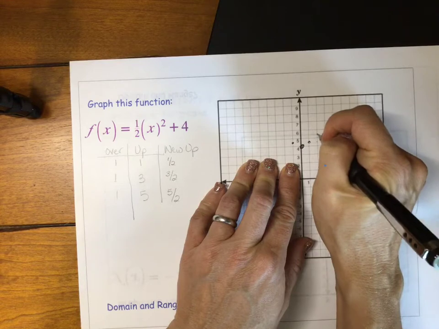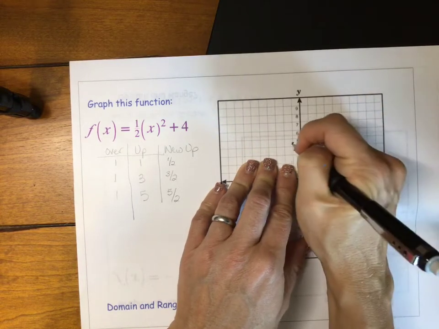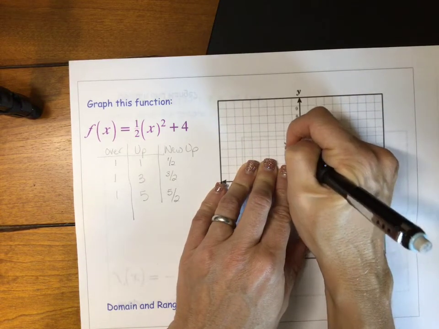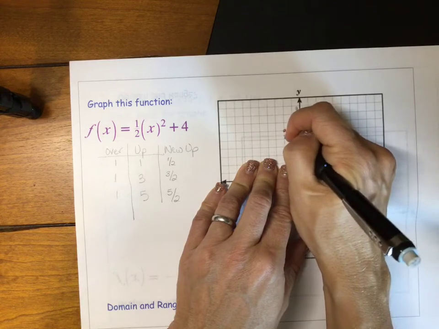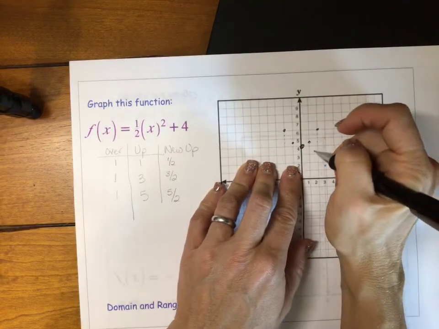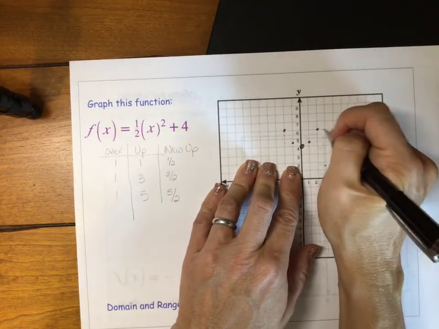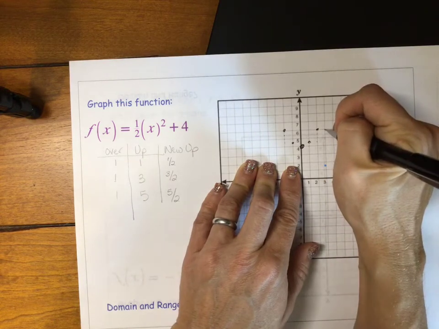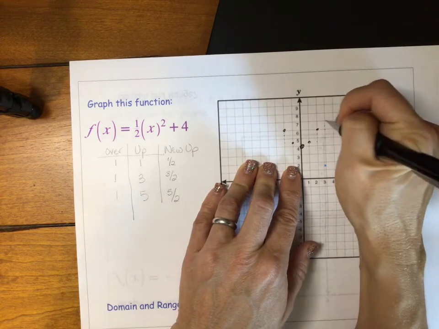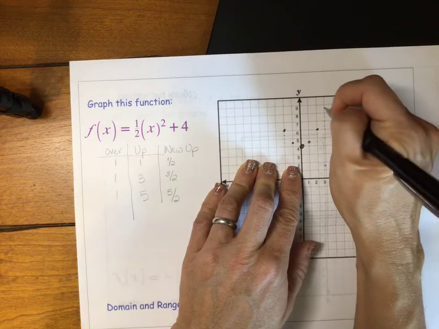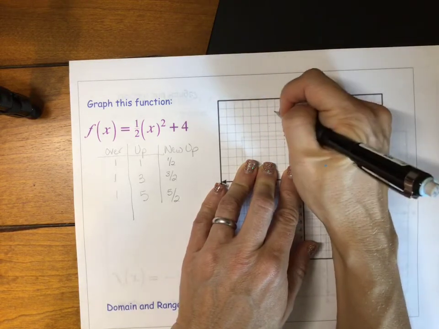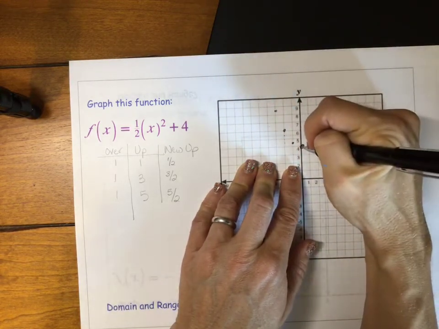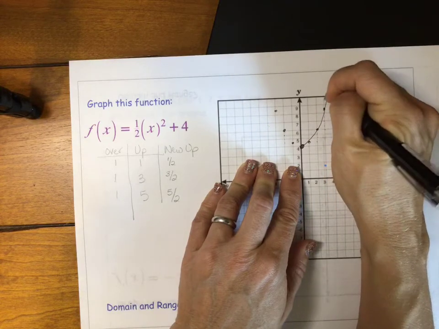So here's 1/2, 2/2, 3/2. And then over 1, up 5/2: 1/2, 2/2, 3/2, 4/2, 5/2. And they are reflected on both sides.